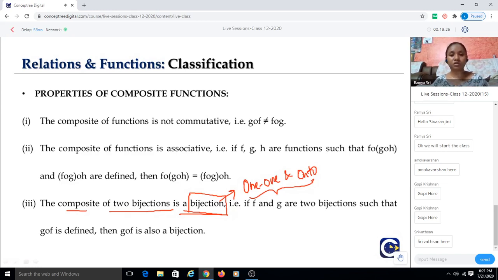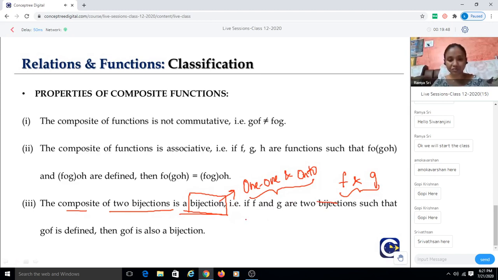For suppose we are considering two functions f and g. Let us take two functions f and g. These two functions are bijections, right? If these two functions are bijections, then we are trying to write our composite function from these two functions.